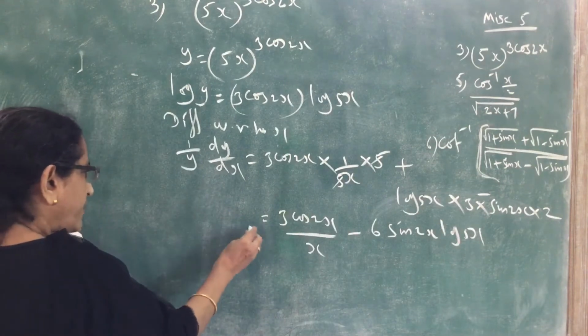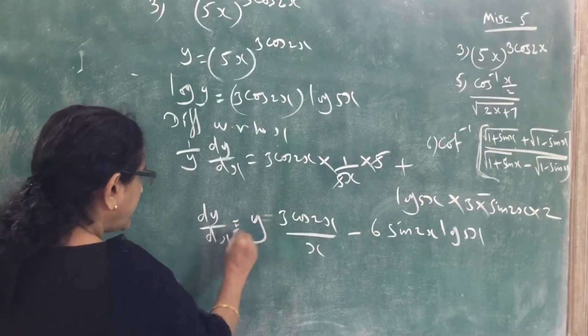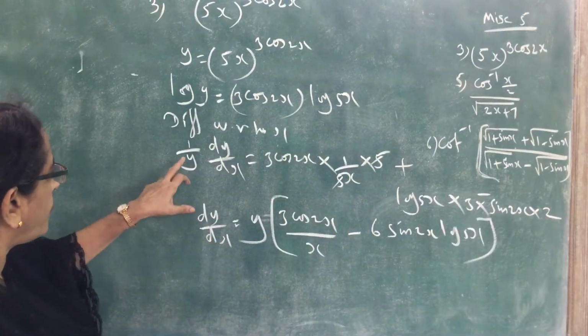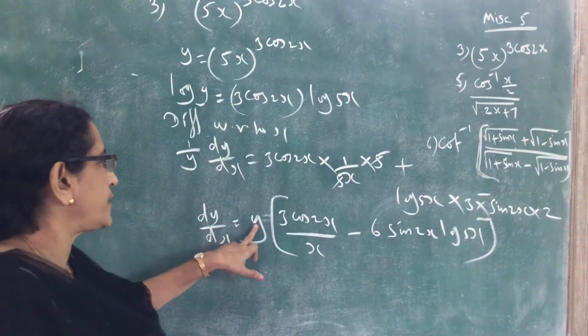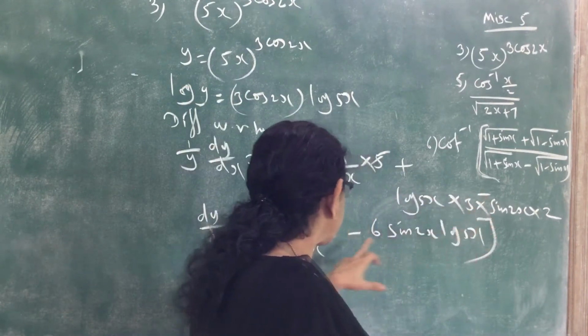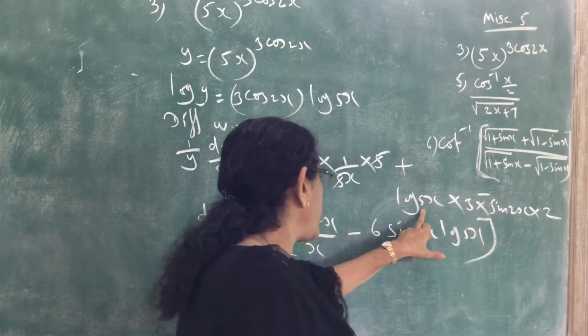So we can write dy by dx equal to y into this. We take this 1 by y to the right side, so y into 3 cos 2x by x, then minus 2 into 3, 6 sin 2x log 5x.